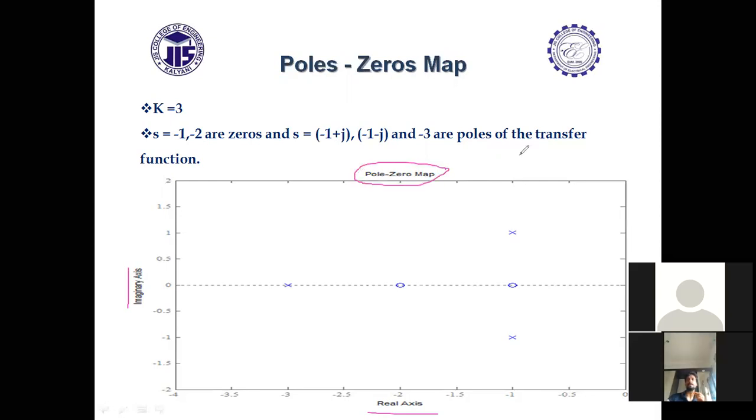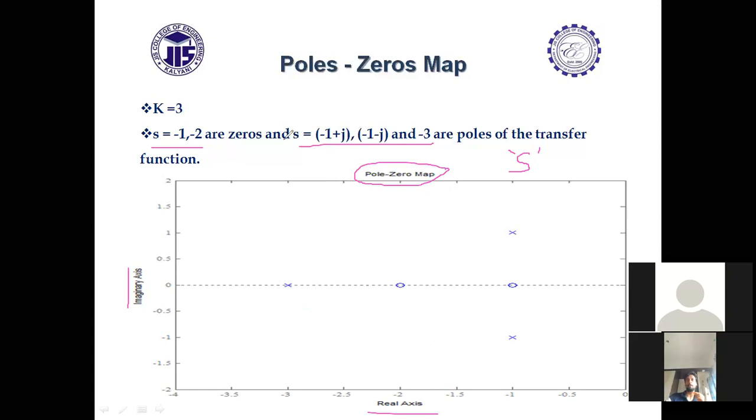This is nothing but the complex frequency plane or S plane. Now, for the previous example, we have got minus 1 and minus 2 as zeros, and minus 1 plus j, minus 1 minus j, and minus 3 as poles of that particular transfer function. Now, these values we are going to plot in the pole zero map.